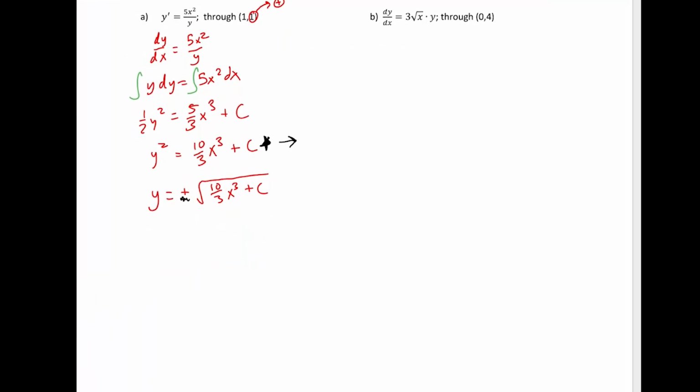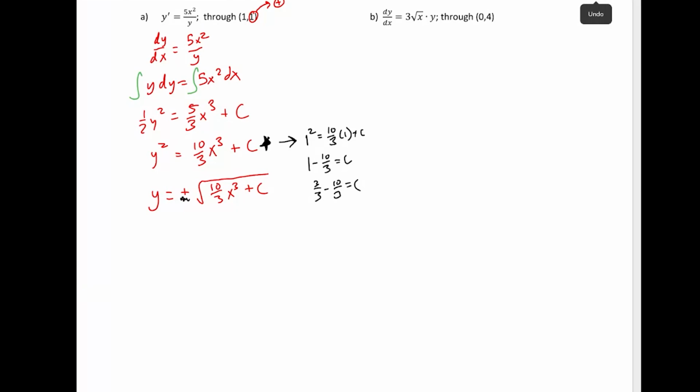So now let's find the c. We're going to plug in 1. So we've got 1 squared equals 10/3 times 1 plus c. So we've got 1 minus 10/3 is c. 1 is 3/3. Just doing a little fraction action here.